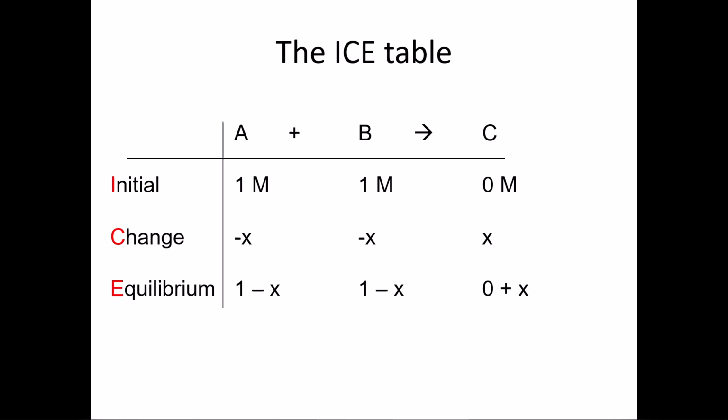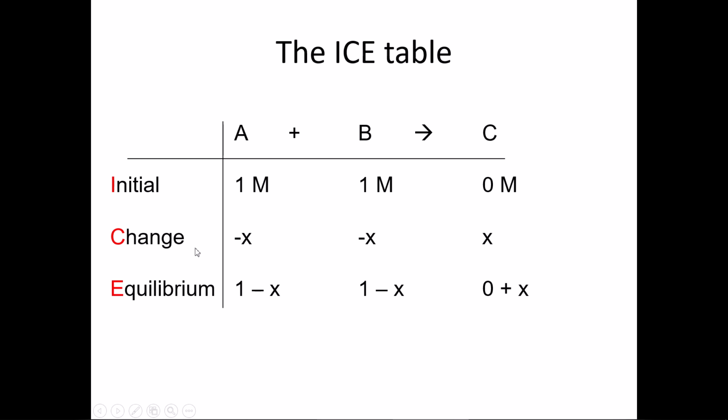Alright, so we're going to use what's called an ICE table to calculate how much we're going to have. So we have our balanced equation at the top, A plus B goes to C. And down the side we have 3 different stages of our reaction. The initial amounts, so the concentrations that we start with, so A and B are both 1 molar and C is 0.